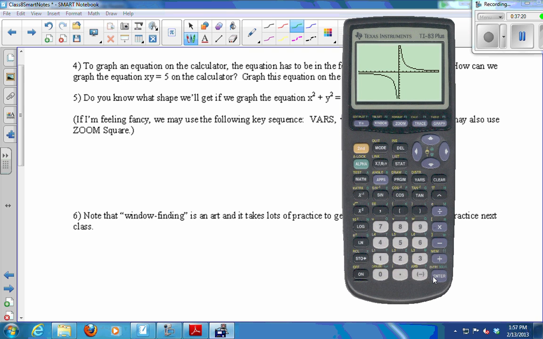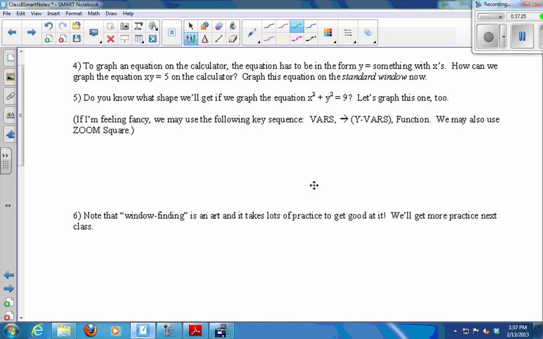All right, so what if I want to graph x squared plus y squared equals 9? How would I enter that in the calculator? Squared, yep. So, yep, subtract x squared from both sides.